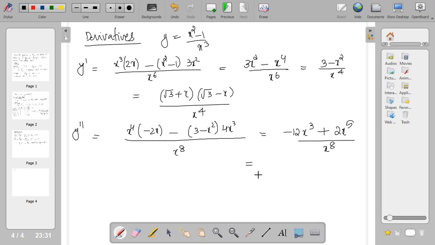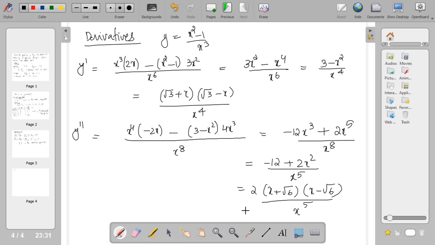So x cubed will cancel off, so you will get (minus 12 plus 2x squared) by x raised to 5. So that is equal to 2 into (x plus root 6) into (x minus root 6) by x raised to 5. So that is the value of the second derivative.